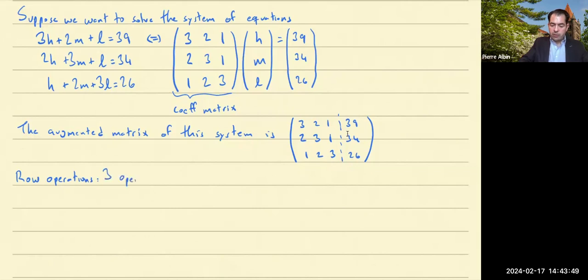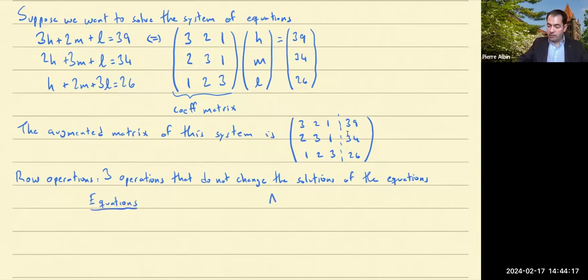These are three operations that do not change the solutions of the equations. I'll mention what we're doing at the level of equations, which will make it clear solutions don't change, and then what that means at the level of the augmented matrix.